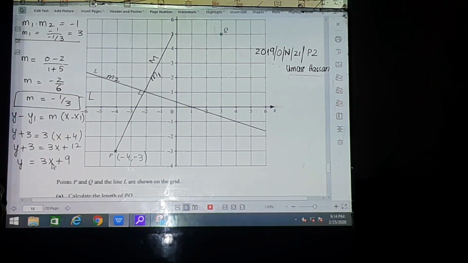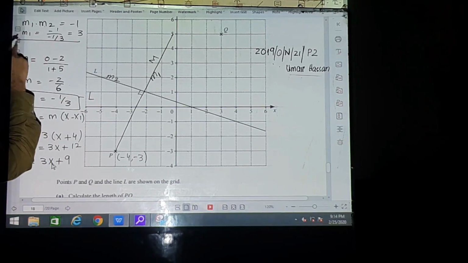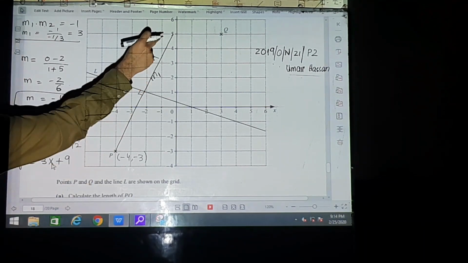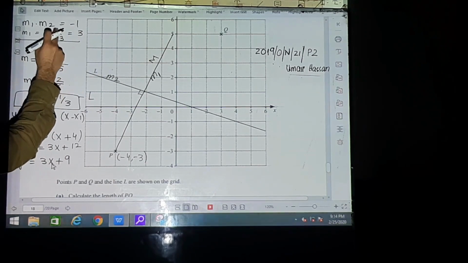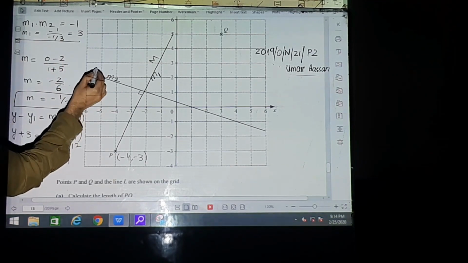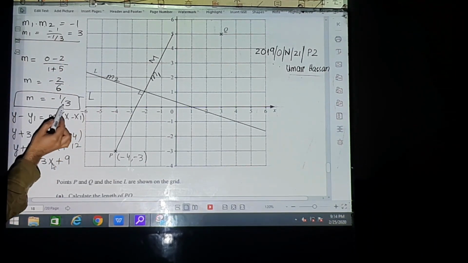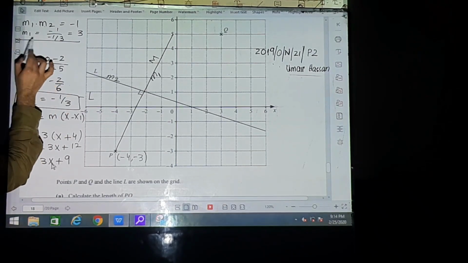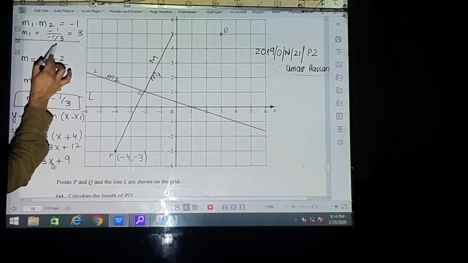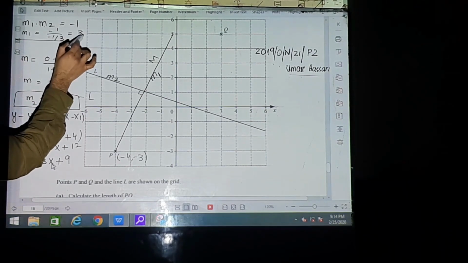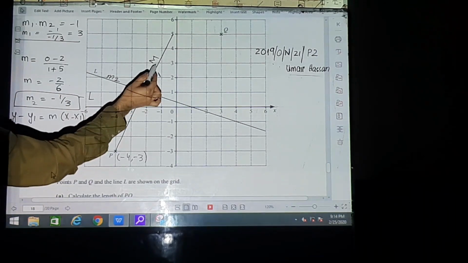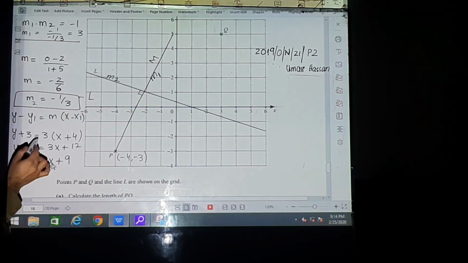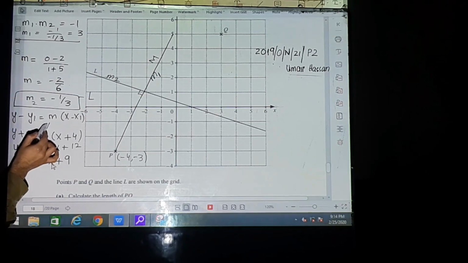Now from here m1, the gradient of line M, is equal to -1 over m2, the gradient of line L, and that is -1 over -1/3. So minus and minus cancel and 3 moves to the numerator. So m1, the gradient of line M, is 3.